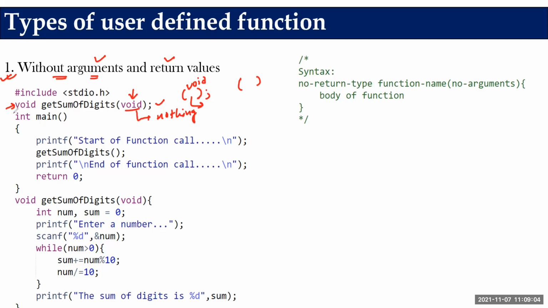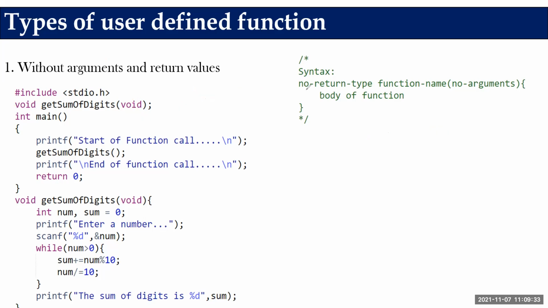As I told, void means return nothing. So if you have a function which is not returning anything, nor taking any input as an argument from the calling function, it is better to make the function type void and also the list of parameters void.